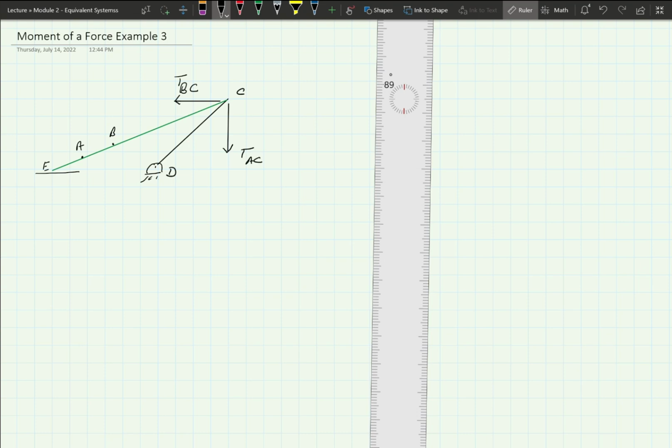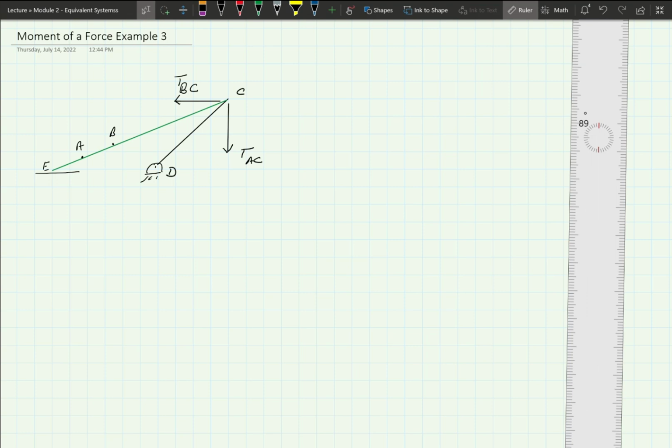All right. And the things that we know are this. So given, we know the tension in BC is equal to 1,040 newtons.